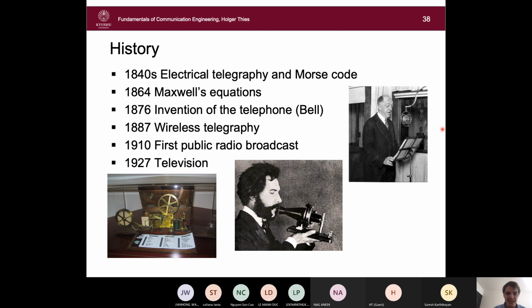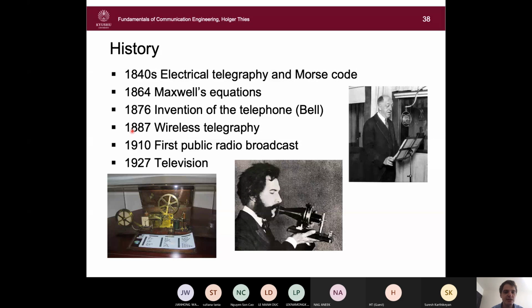A little bit later, in 1876, Alexander Graham Bell invented the telephone. There were some other people that worked on different technologies, but in 1876 he was the first one to file the patent, and so this is why he is commonly known as the inventor of the telephone.